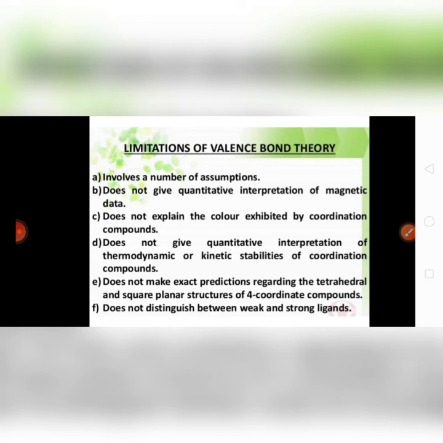The next is it does not give a quantitative interpretation of the thermodynamic or kinetic stabilities of coordination compounds, and even does not make exact predictions regarding the tetrahedral and square planar structures of four coordinated compounds. And the last one is it does not distinguish between weak and strong ligands. So these were a few limitations of VBT.